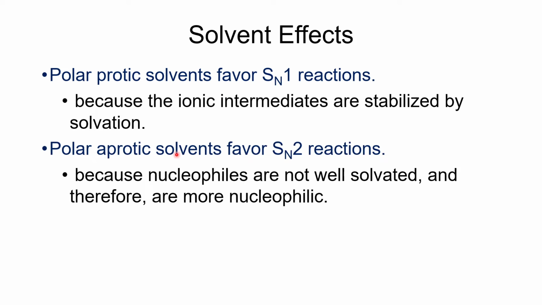And the reason is because it's aprotic, it doesn't have a very strong interaction with your anion, and your anion is typically the nucleophile. So your nucleophiles are not well solvated and they become more nucleophilic. Because they become more nucleophilic, they are more likely to do SN2 reactions. So just memorize polar protic SN1, polar aprotic tends to favor SN2.